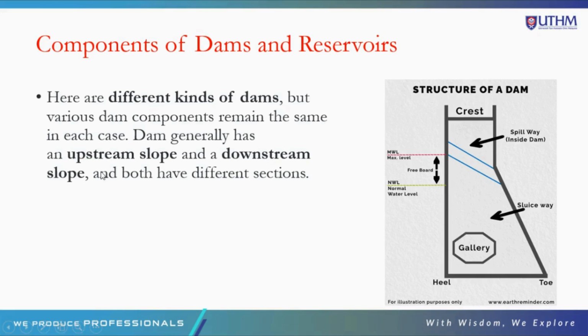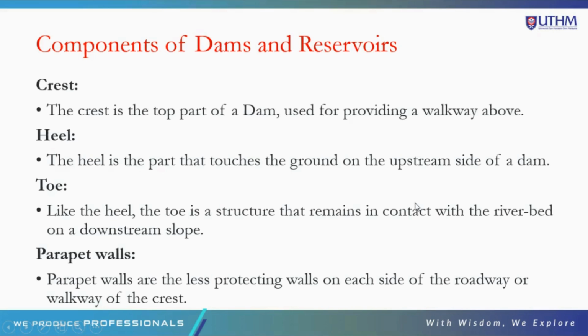A dam generally has an upstream slope and a downstream slope, and they each have a different section. This is a cross section of the structure of a dam. This is a crest, spillway, sluiceway, and there are some galleries here too. This is the water level of the dam.